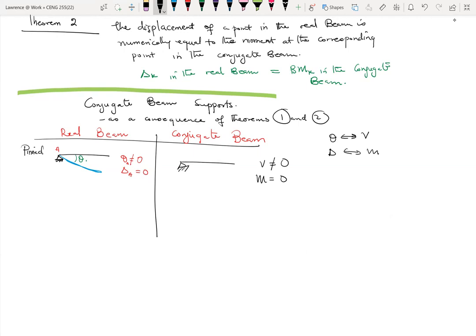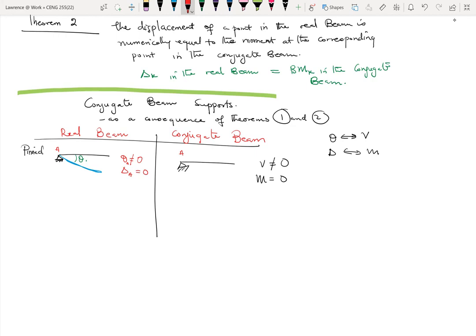All right. So if I can find the shear force at A on the conjugate beam, then that value should give me the slope. That's what the first theorem states.